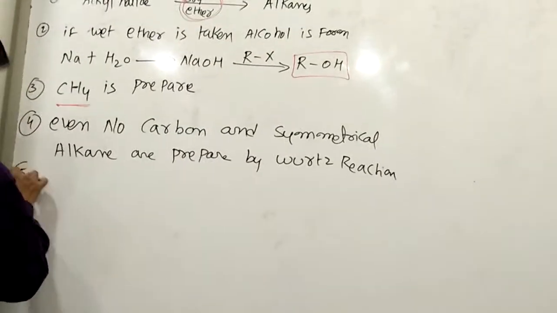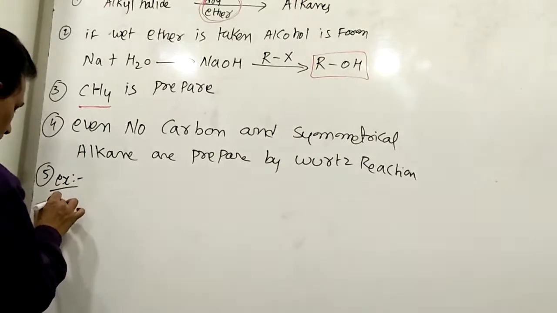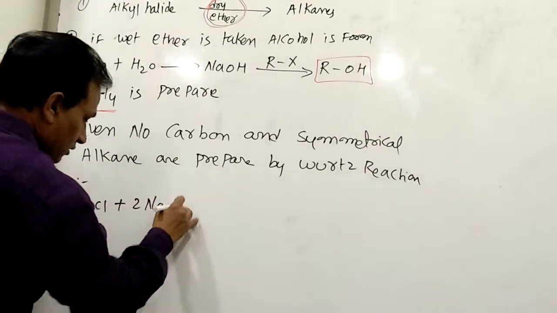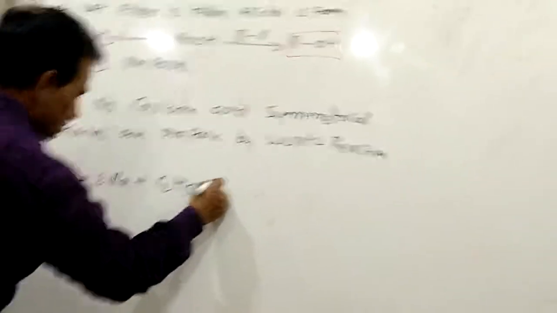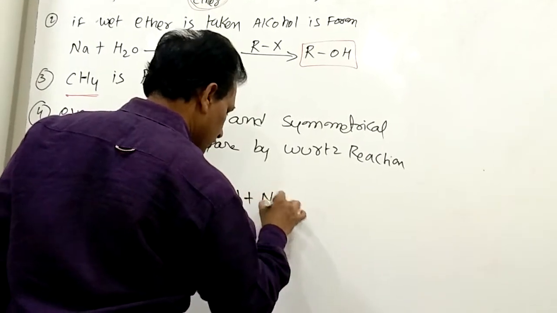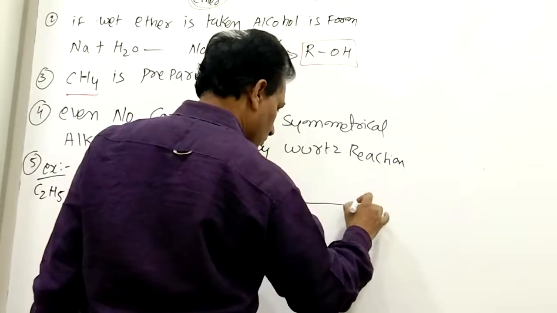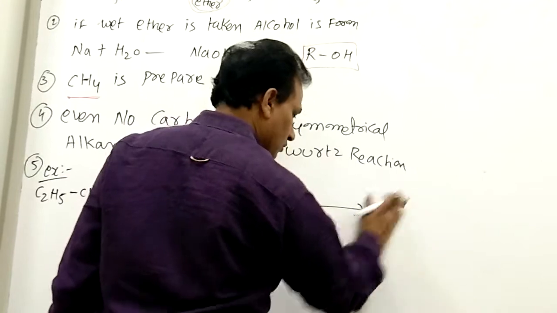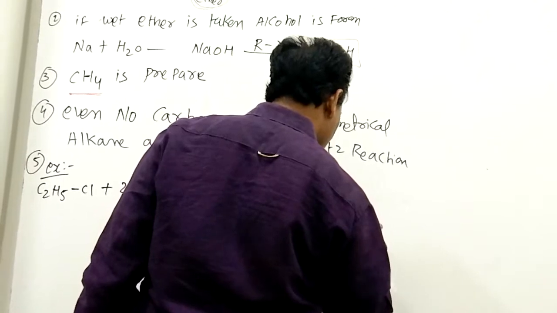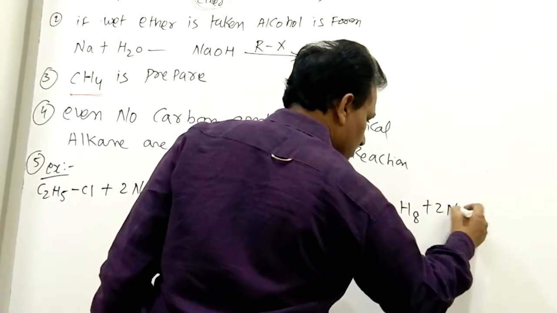I take an example. Suppose I take a symmetrical case: C2H5Cl plus 2Na, C2H5Cl plus sodium, in the presence of dry ether, they form butane, C4H10, plus 2NaCl.